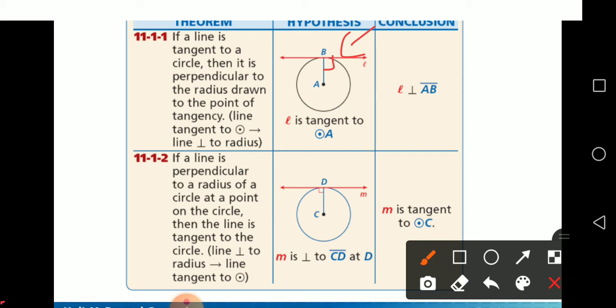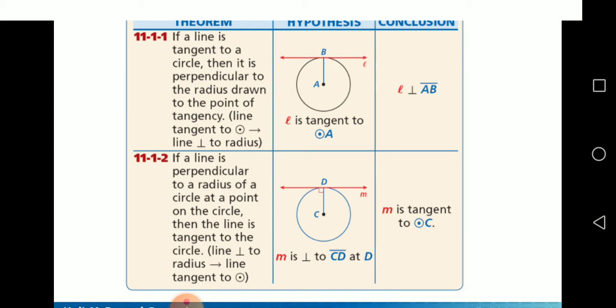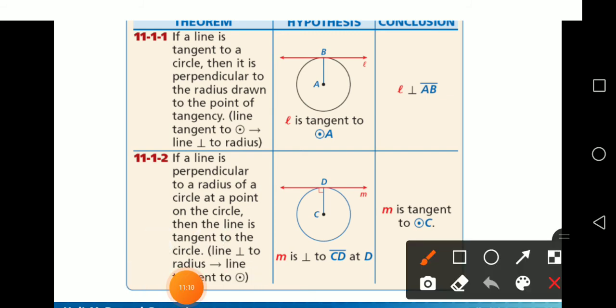So the line tangent to the circle is perpendicular to the radius. Okay, guys, and vice versa. This line L, the line of tangency, is perpendicular to the radius AB.